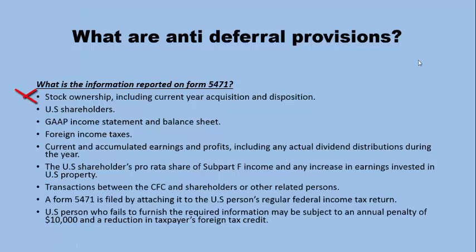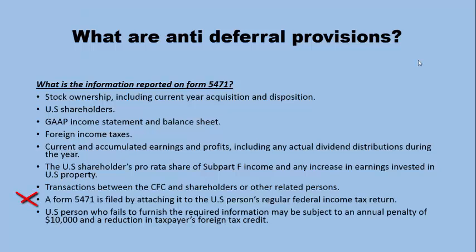It includes stock ownership, including current year acquisitions and dispositions, U.S. shareholders, details of U.S. shareholders, GAAP income statement and balance sheet, foreign income taxes, current and accumulated earnings and profits, including any actual dividend distributions during the year, the U.S. shareholders' pro rata share of Subpart F income, and any increase in earnings invested in United States property, and transactions between the CFC and the shareholders or other related persons.